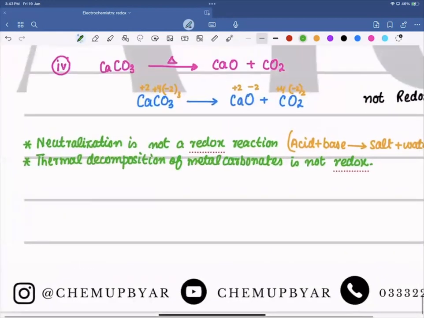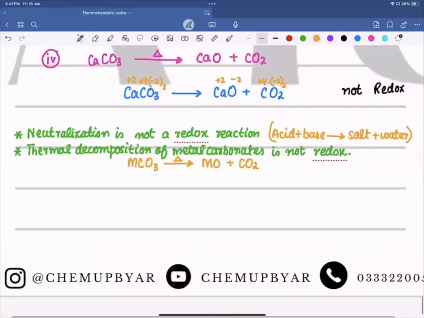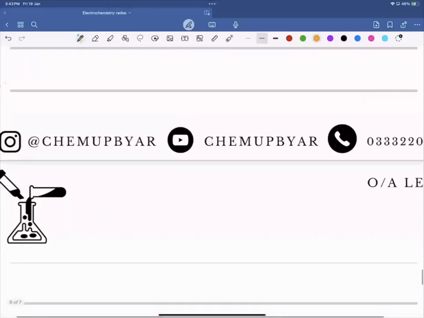So let me write the general equation over here. There is an M, which is a metal, and there is a carbonate, a metal carbonate. On heating, it forms metal oxide and carbon dioxide. If you observe any reaction like this, those reactions are not redox reactions.